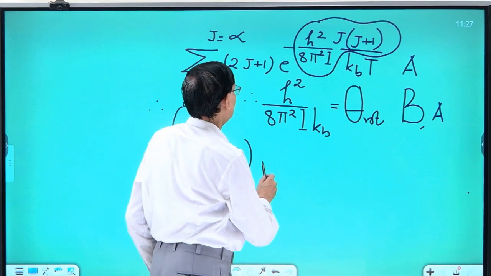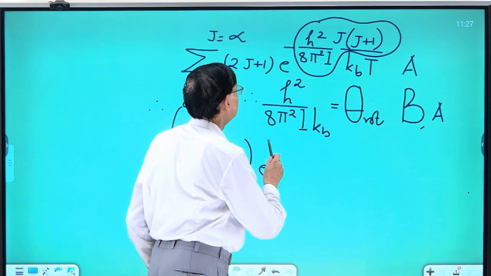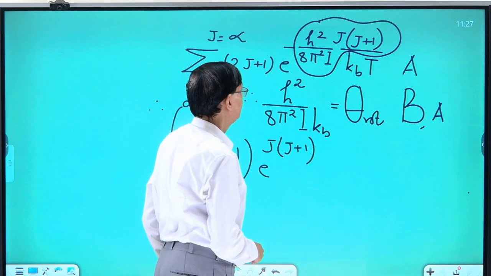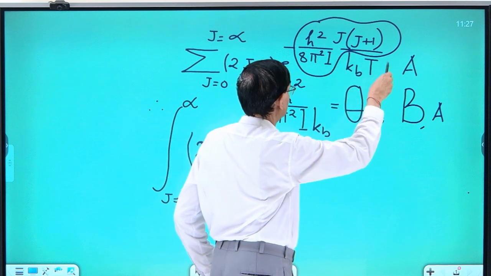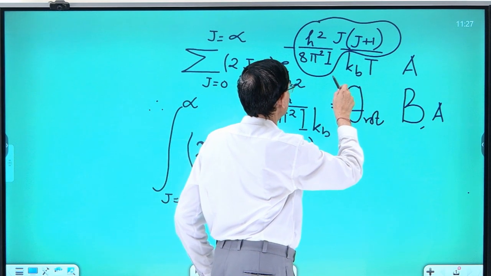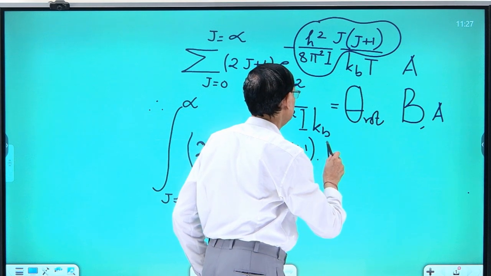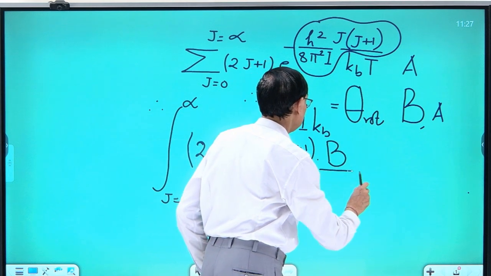and exponential of j into j plus 1. Now, suppose I am writing this, of course, this value is equal to, suppose b divided by t.